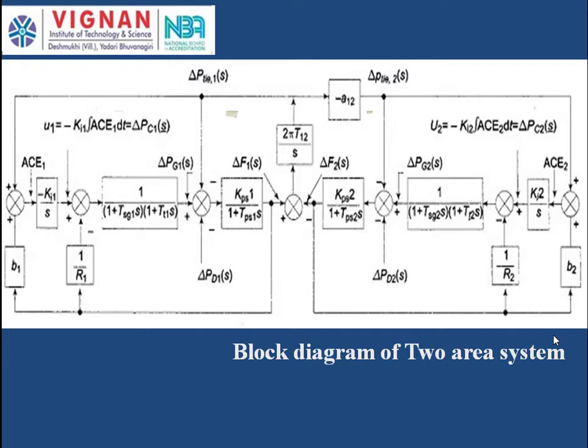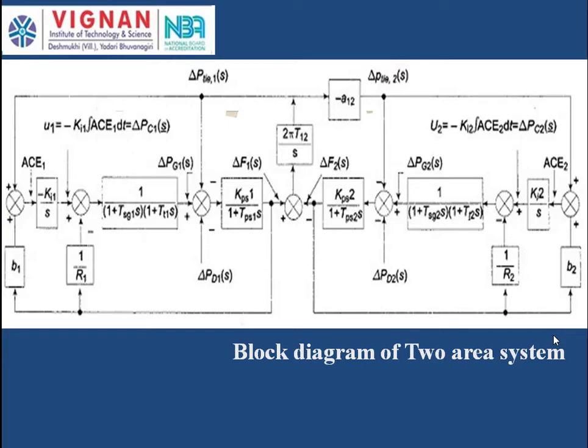It is the replica of the single area system on the other side, connected by minus a12 in the upper term. The other single area system we connect on that side. So these two single areas are connected together.